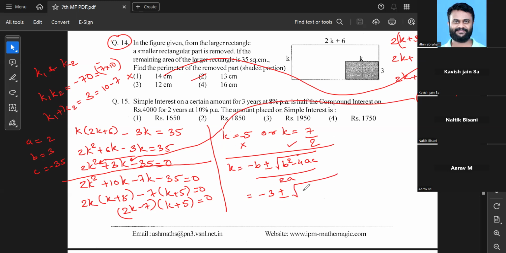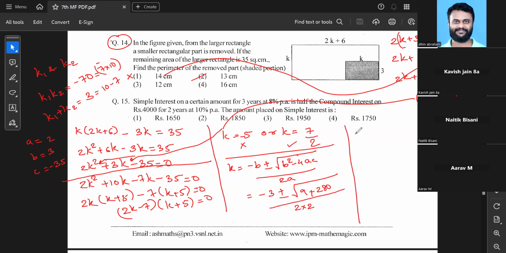Under root of b square is 9, minus 4 into a, that is 2, that is 8, 8 into 35 is 280. So 9 plus 280 is 289. The root of 289 is 17.